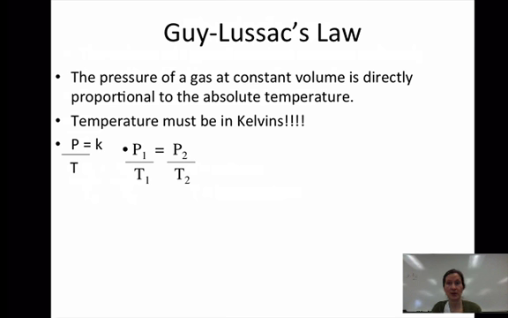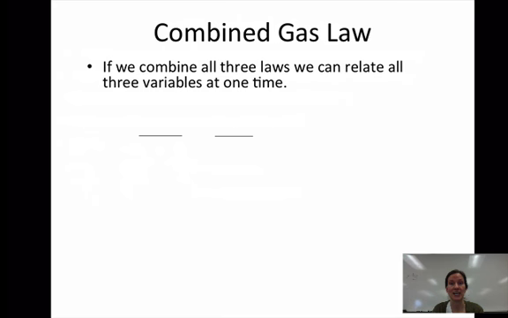Now, if you look at all three of these variables, they can all relate together, because in one you have pressure and volume, in one you have volume and temperature, and in one you have pressure and temperature, meaning all three variables relate to one another. If you relate all three together, you get something called a combined gas law. What's nice about the combined gas law is you don't then have to memorize each of the three laws independently.